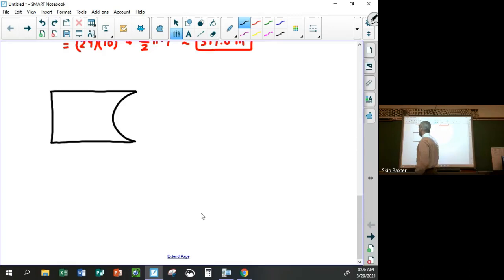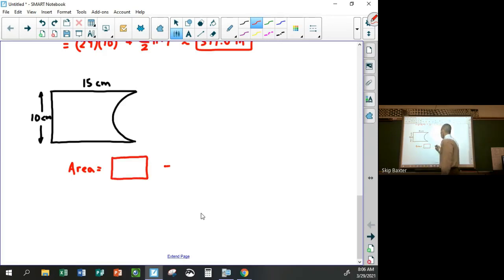So if this is, let's say, 15 centimeters, and this is 10 centimeters, the area of this figure would be the area of the rectangle minus the area of the semicircle, right?